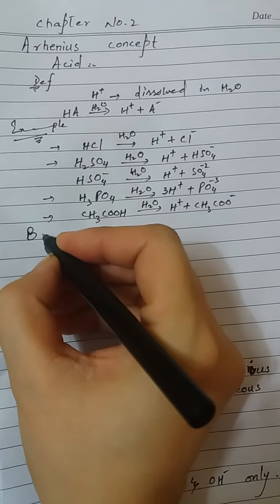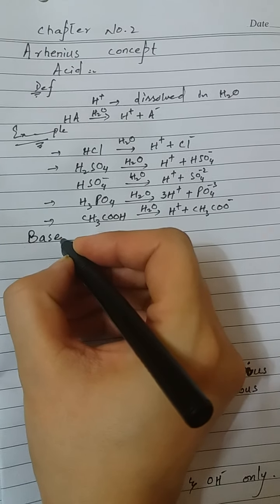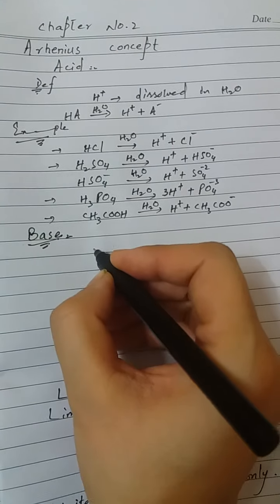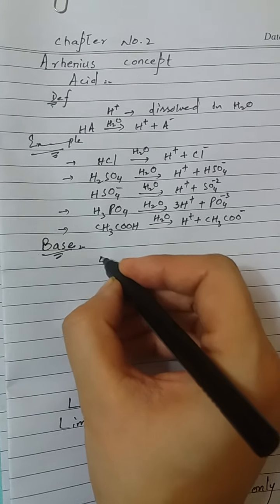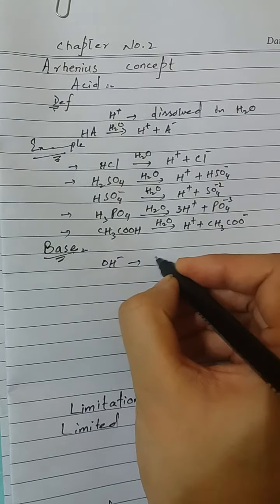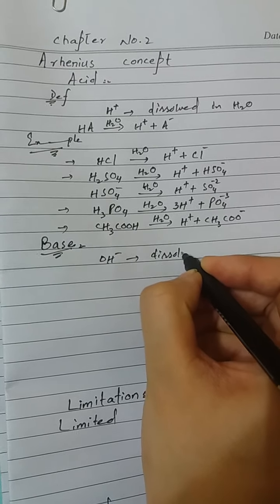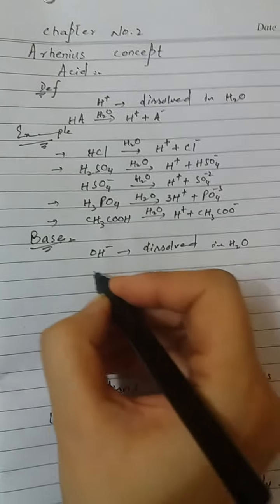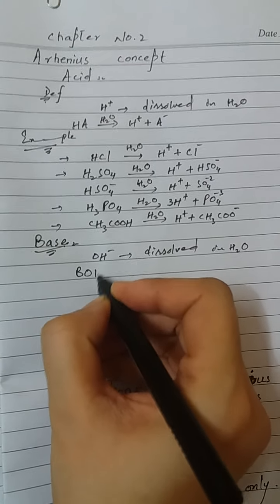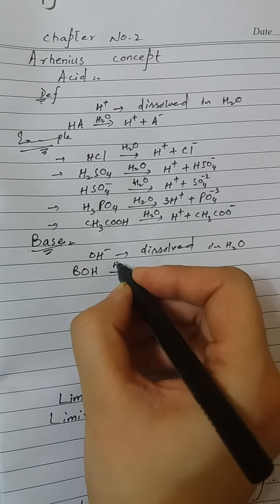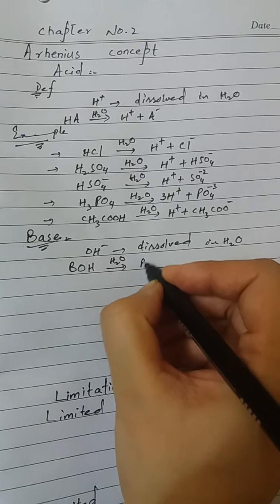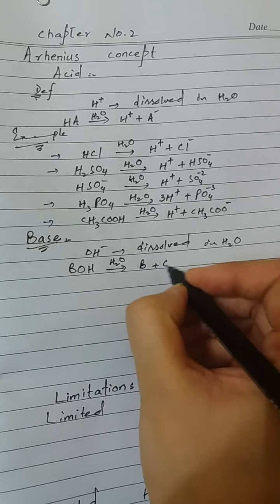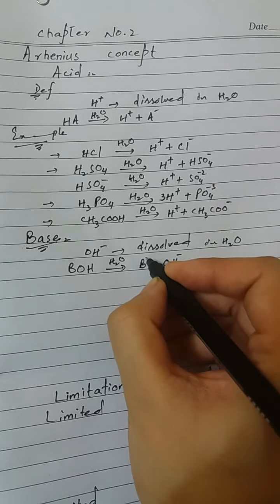Similarly, according to Arrhenius concept, bases are those substances which produce hydroxide ion when dissolved in water. For example, BOH is a base, it produces hydroxide ion when dissolved in water.